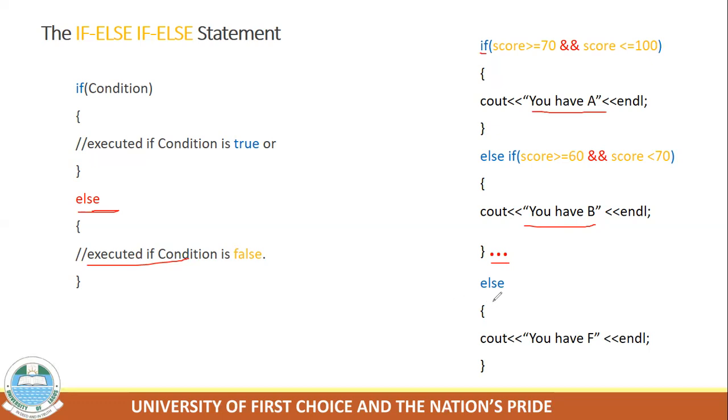But one thing you need to know is that the last statement will be an else condition. So it's more like if, else if, else. You have to complete it with an else statement. So if none of the conditions are met, the else statement will be executed.